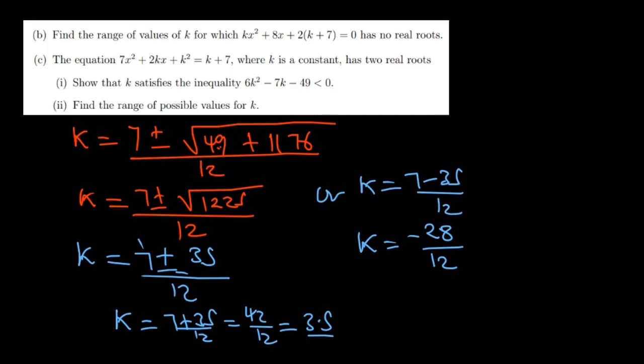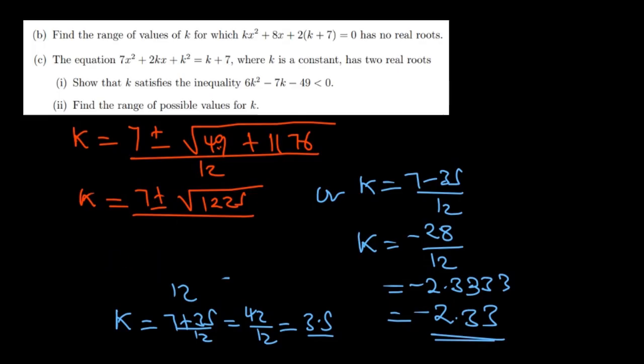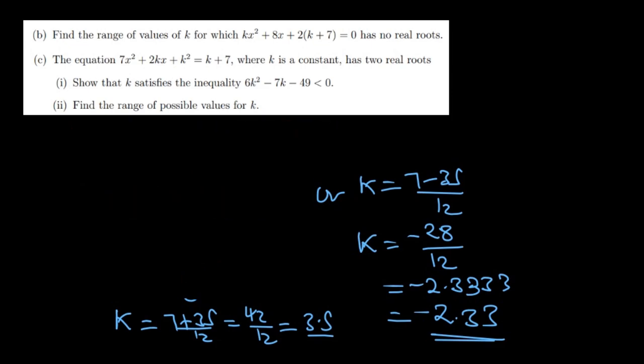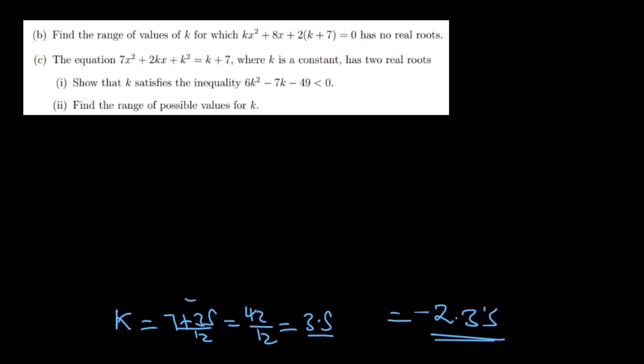I'm going to get minus 2.3333 continuing forever, so we can round it off to 3 significant figures, which is minus 2.33. So we have our two values for k. I'll leave those two values and erase the rest. So k can be 3.5 or k can be minus 2.33.